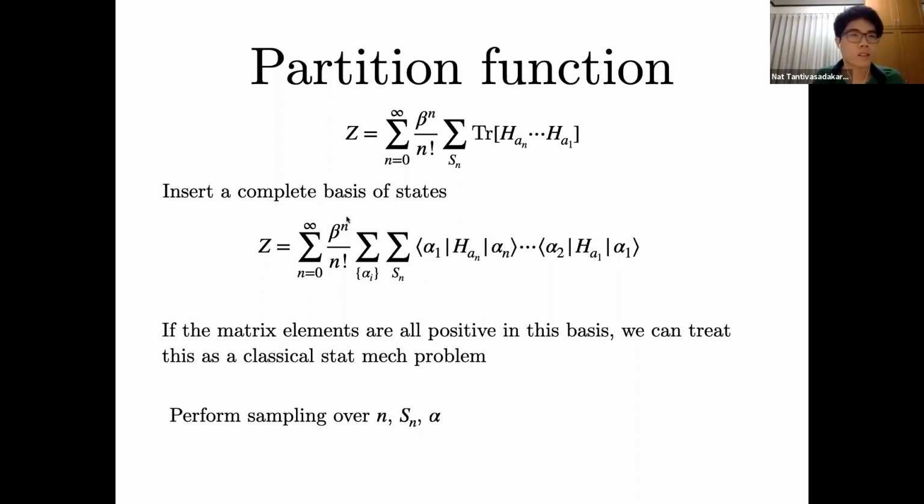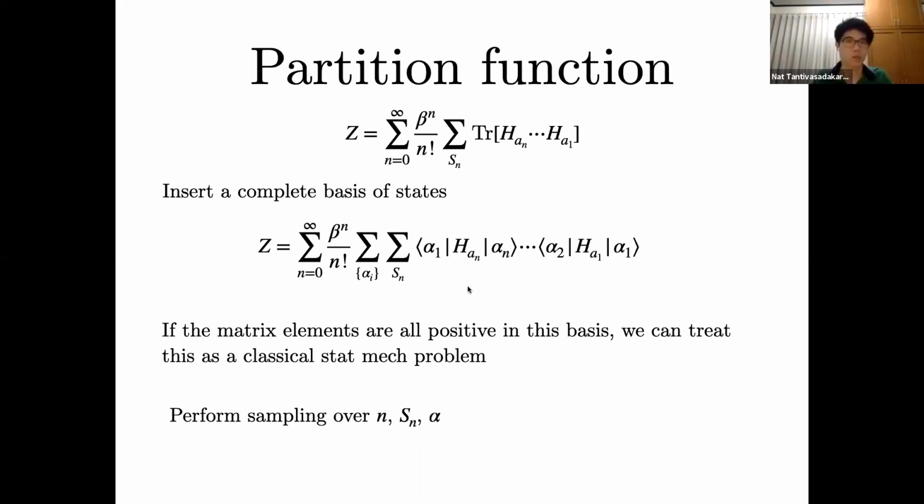And then you can sample it. As it's written right here, what I have to sample over is the various lengths n, when I do the trace, how many operators I insert; S_n, which is the string, all the possible operators I insert; and finally alpha, the spin configurations of my system.